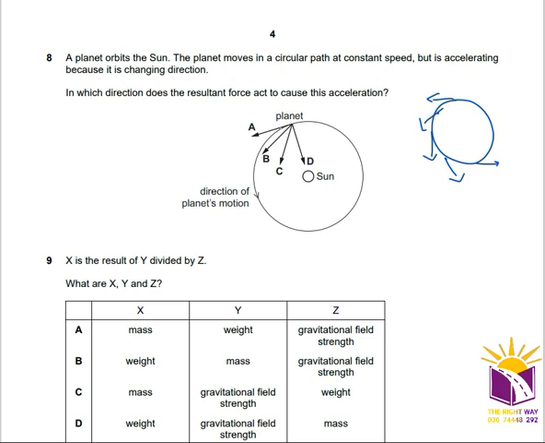In which direction does the resultant force act to cause this acceleration? We know that when a body moves in a circular path, centripetal force acts on the body, and the direction of centripetal force is always directed toward the center. So D is the right option.